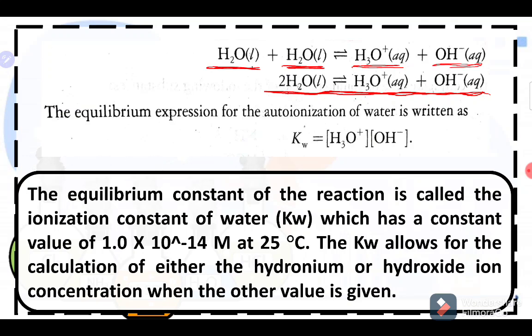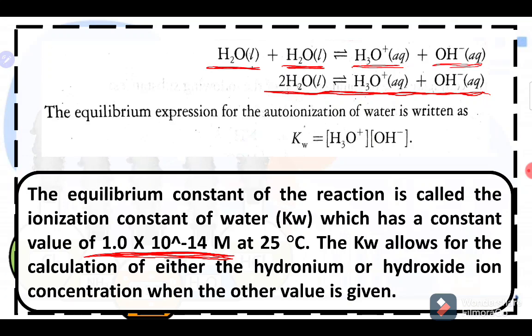quantity of H3O positive and OH negative, or hydronium multiplied by the hydroxide ion. Now, the equilibrium constant of the reaction is called the ionization constant of water, represented by Kw, which has a constant value of 1 times 10 raised to negative 14 molarity at 25 degrees Celsius.